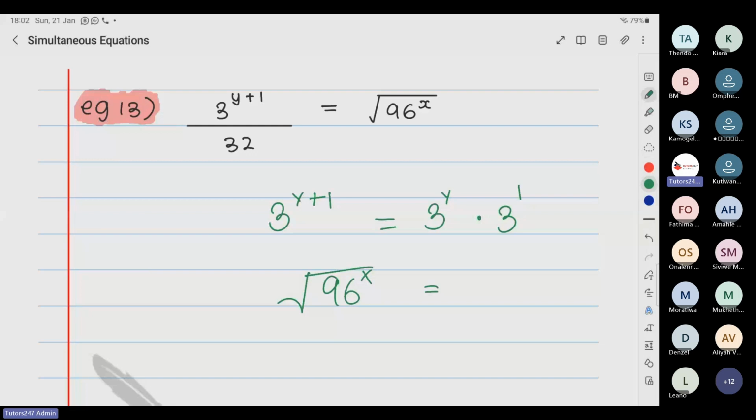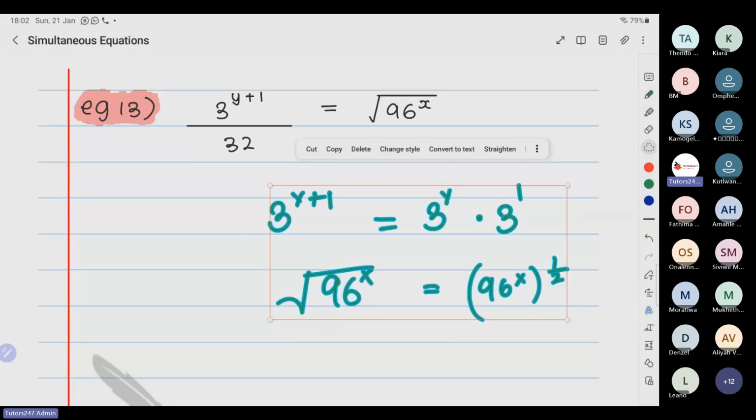You can turn a root into a fraction as an exponent. So here we'll have 96 to the power x, all to the power 1 over 2. That is the same thing as the square root of 96 to the power x. So we already know what we are now going to do with the numerator and with the right-hand side. So let us now go and do that.